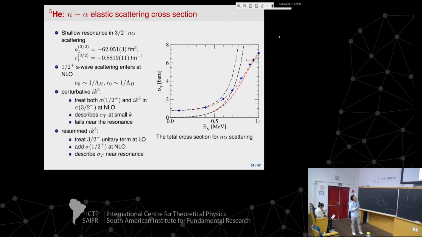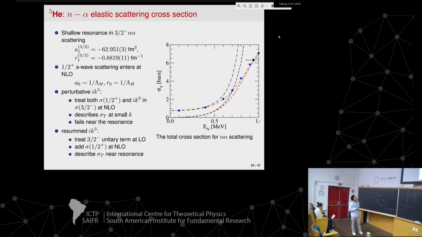So we can make a comparison of these two power countings for helium-5, and we can extract its scattering volume and effective range based on the phase shift analysis. And also you will find that it has this 1/2 plus state. It has an S-wave scattering that enters at next to leading order.